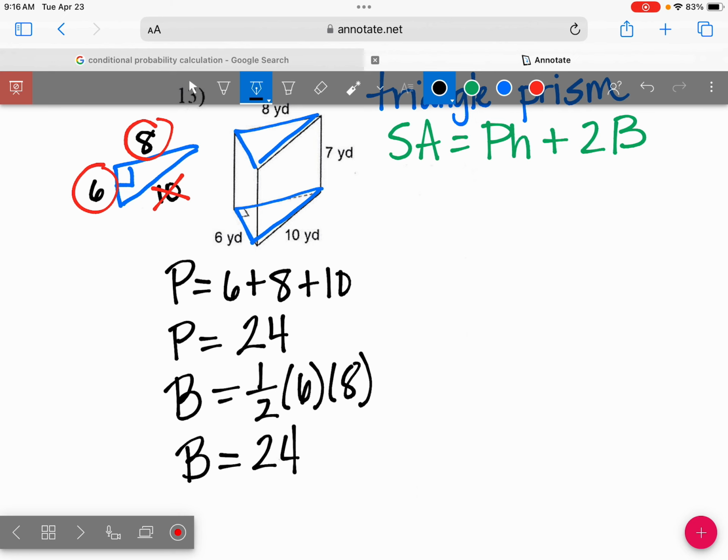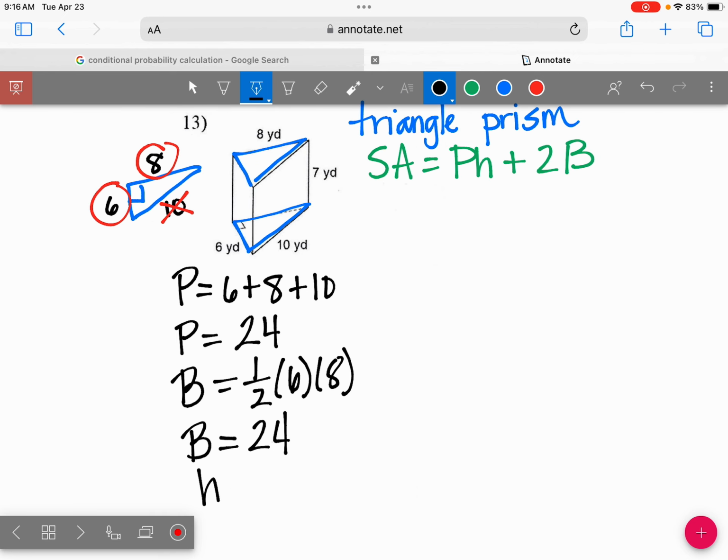And then the height of the prism. What's the height? 7. Okay, so let's go ahead and fill it in. Surface area is going to be the perimeter of the base, which is 24, times the height, which is 7, plus 2 times the area of the base.